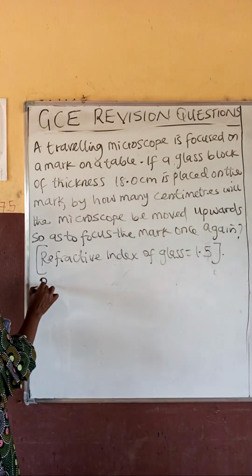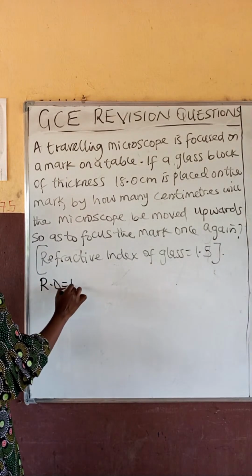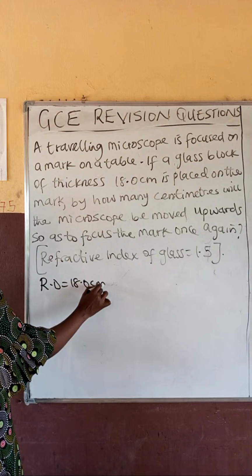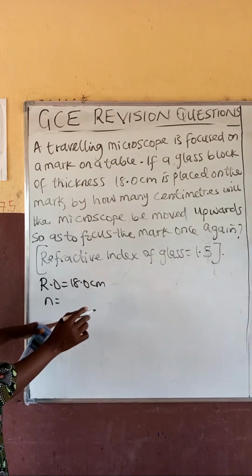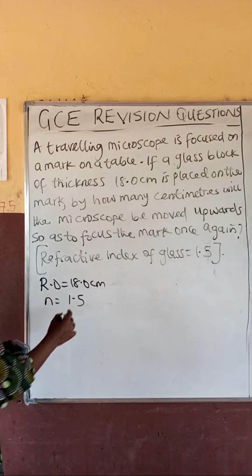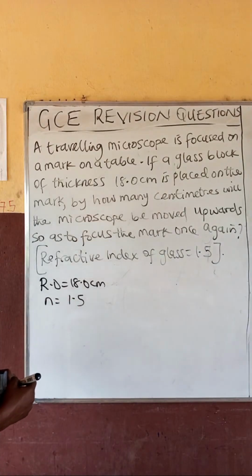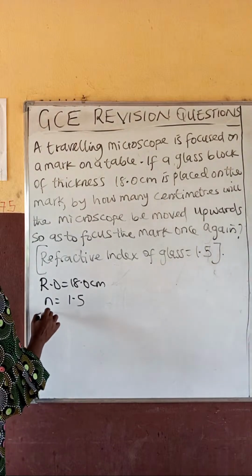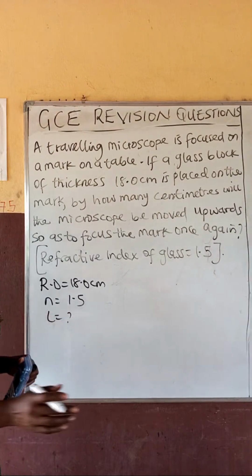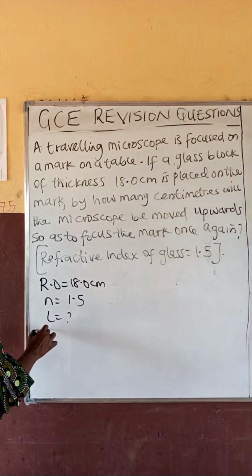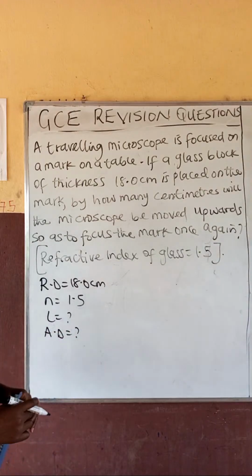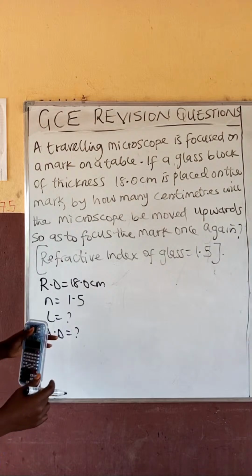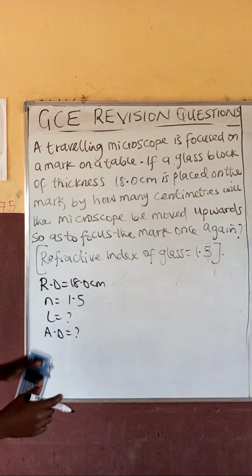So we write that the real depth is 18.0 centimeter. Now the refractive index is given as 1.5. Now for us to look for lateral displacement L, we don't even have the apparent depth. So we'll solve for apparent depth before solving for lateral displacement.